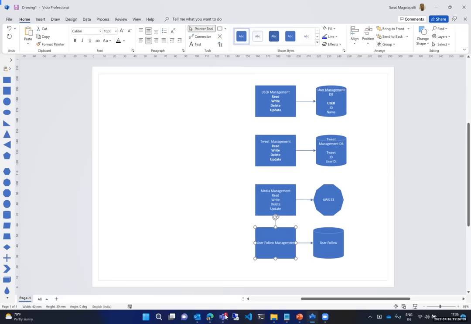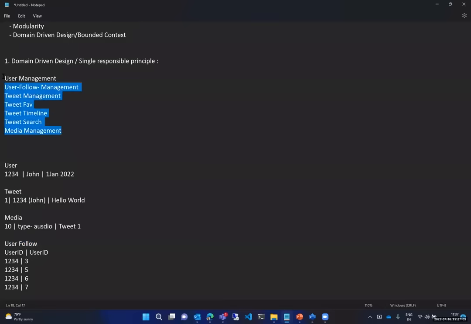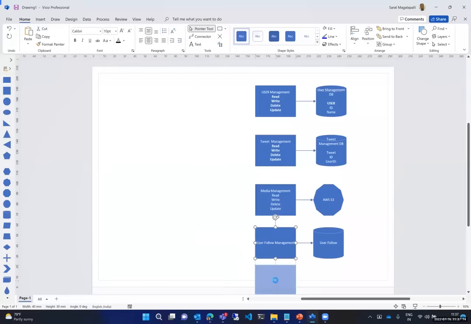Okay, so like this, we have identified a lot of system APIs or building blocks. Like that you will be having modules for favorite, timeline, and search. You will also have individual modules.